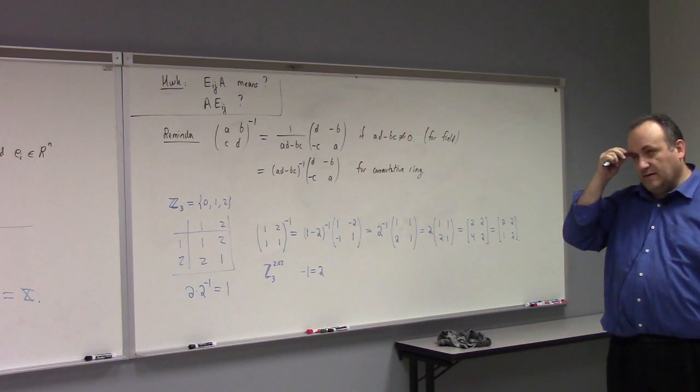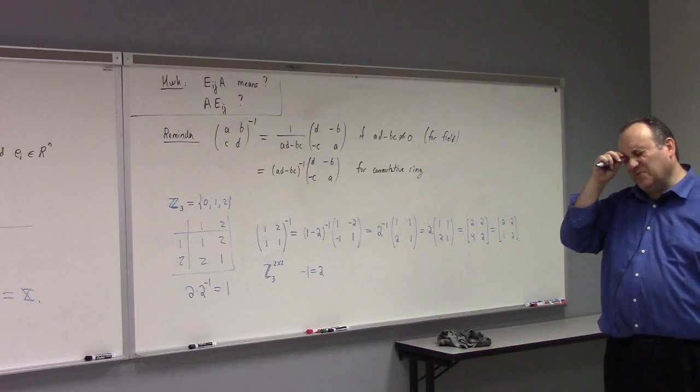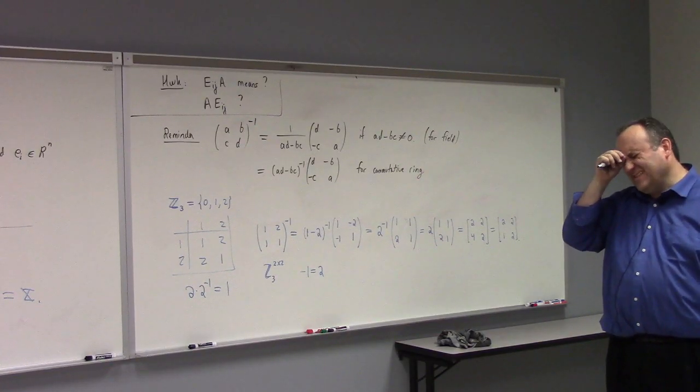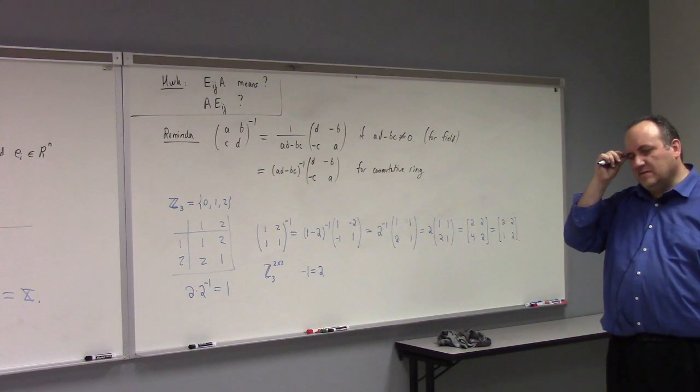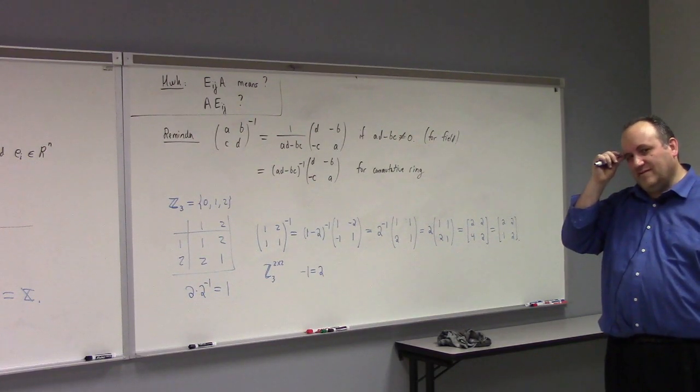Partly because we also deal with non-commutative rings, and then the fraction notation is just troublesome. Because A over B, is that A times 1 over B, or 1 over B times A?